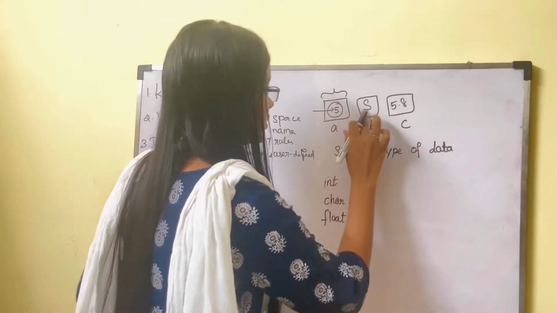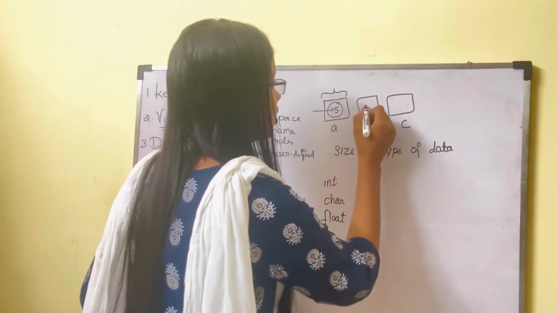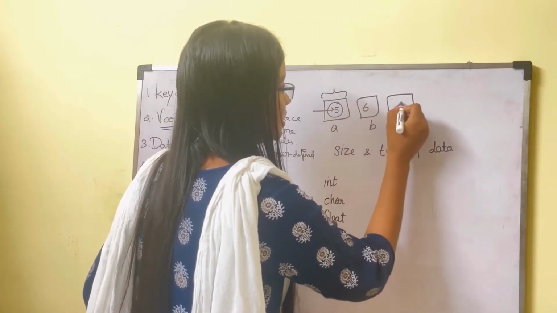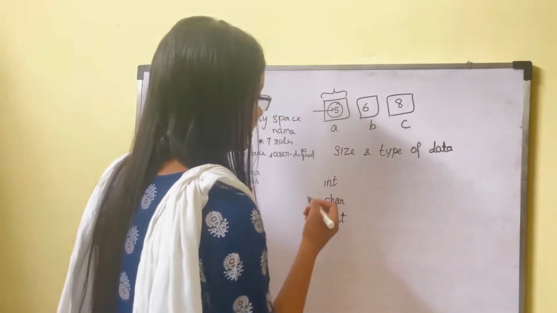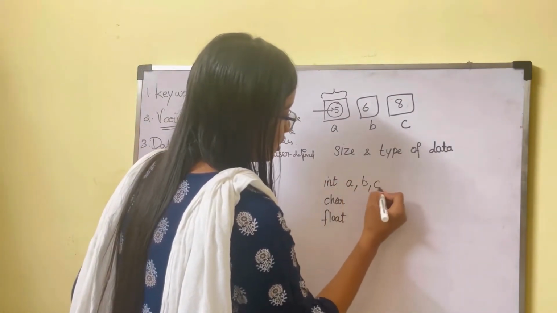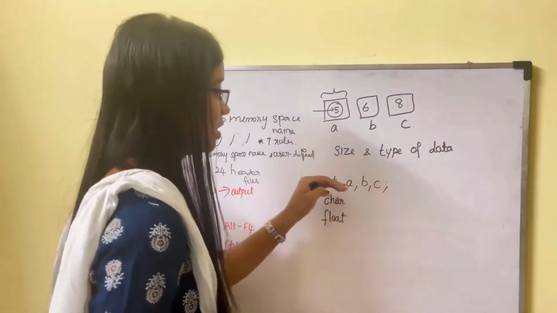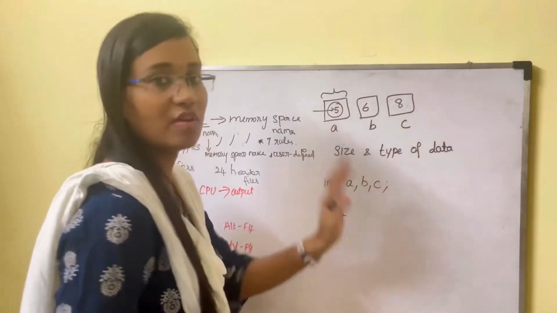Now let's take a common one. Now I am going to store an integer in every memory space. So I can give it as int A, B and C. This means every memory space A, B and C will contain integer type values.